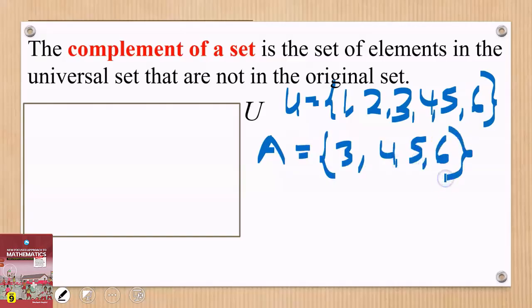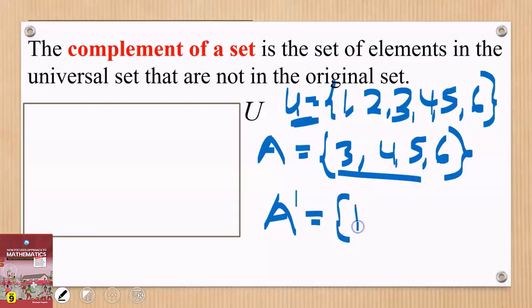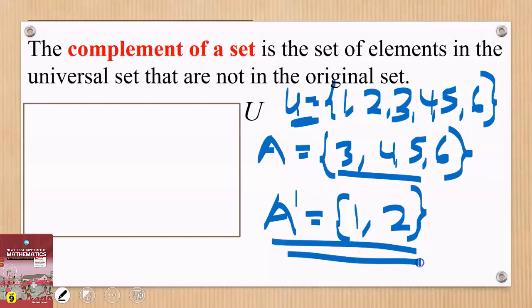Now, when it says complement of set A, what we are trying to say is, what are the elements in the universal set but not in the set A? And you can see that we have 1, 2. These are the two elements that can be found in the universal set but not in the set A. And so we call this set the complement of the set A.